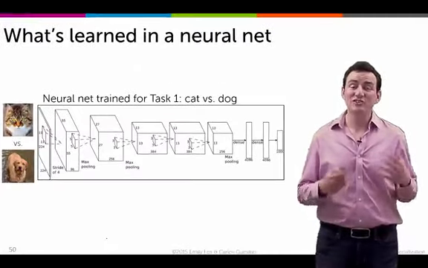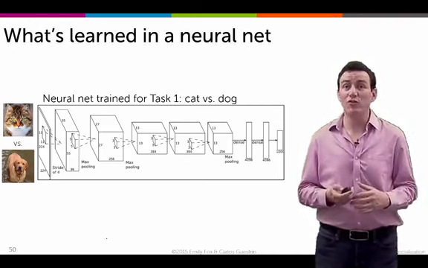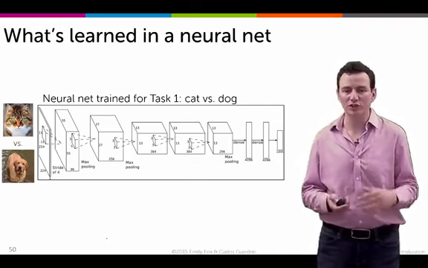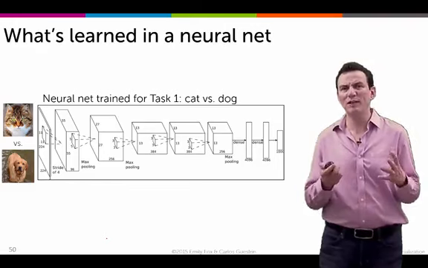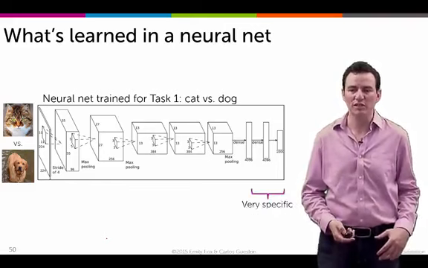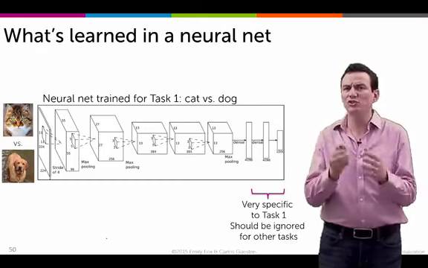To understand transfer learning in deep neural networks, let's revise the idea of what a deep neural network might learn. So here's a deep neural network for cats versus dogs. And let's say that we get really good accuracy there for that task 1, cats versus dogs. If you look at the last few layers, they really focus on the cat versus dog task.